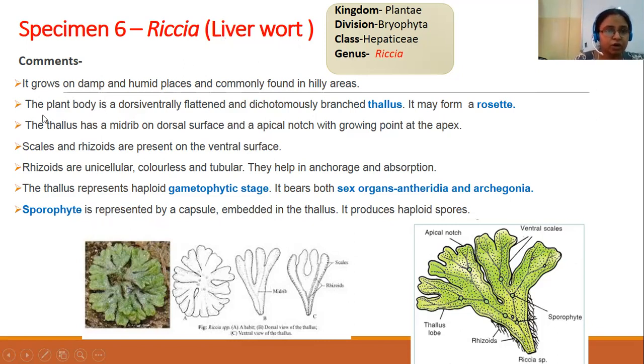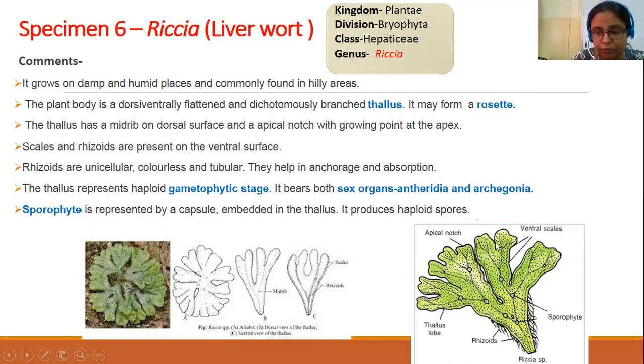Fine. So the plant body. Now the plant body, here you can see it is dorso-ventrally flattened, and its plant body is called a thallus. Thallus means a sac-like structure, a bag-like structure. So the plant body is composed of the thallus, which is sac-like.